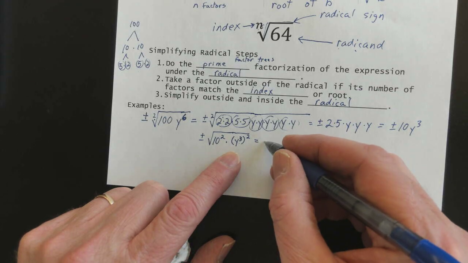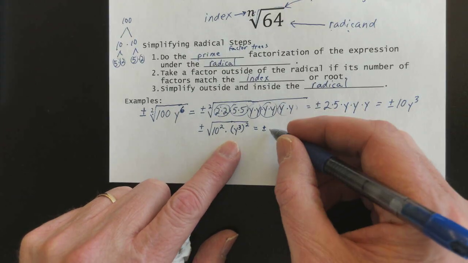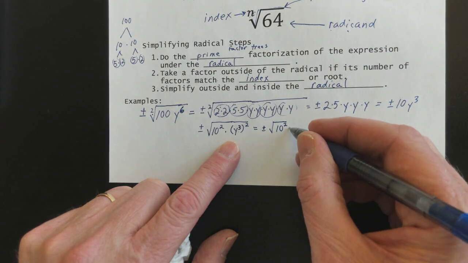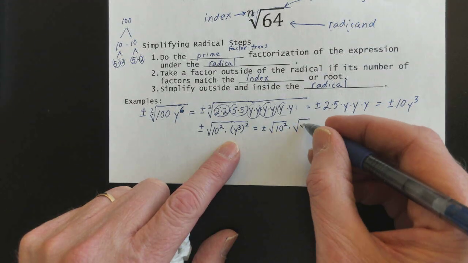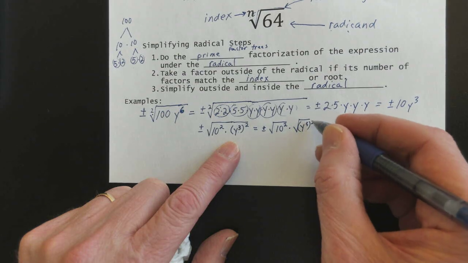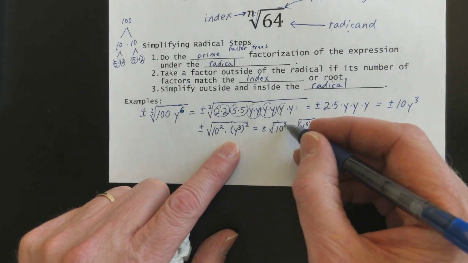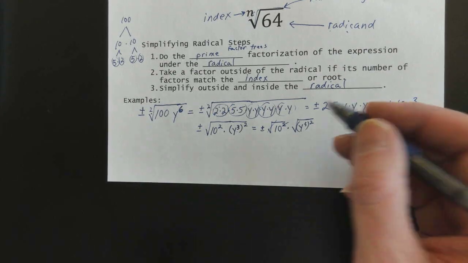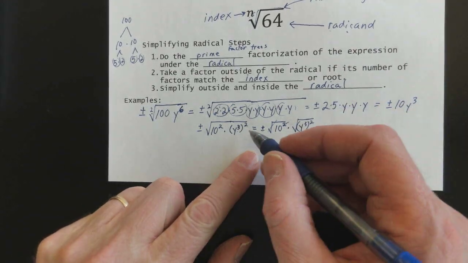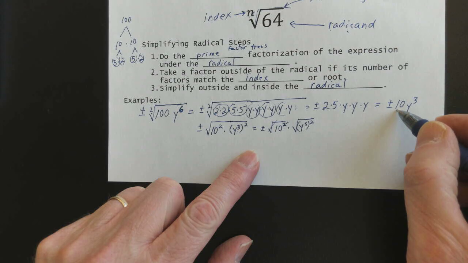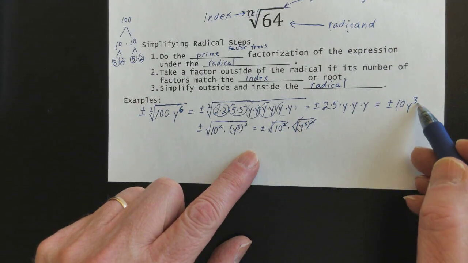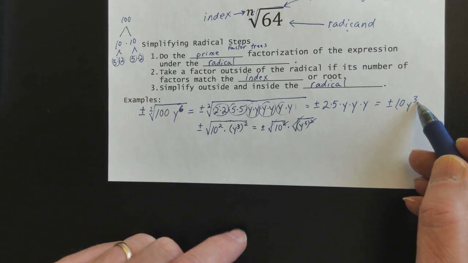So we have plus or minus the square root of 10 squared times the square root of y cubed squared. What do the square root and squares do? They are inverse operations. They cancel out. So that leaves me with the 10, and the square and the square root cancel out, and that leaves me with y to the third.